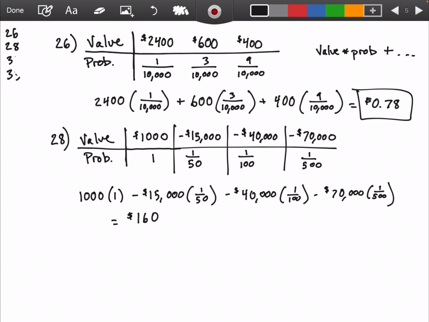So the expected value is $160 profit because it ended positive. So the expected profit is 160. The expected profit is the number of policies sold. Oh, I missed that part. Okay.